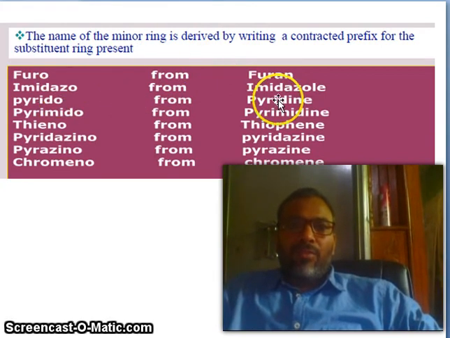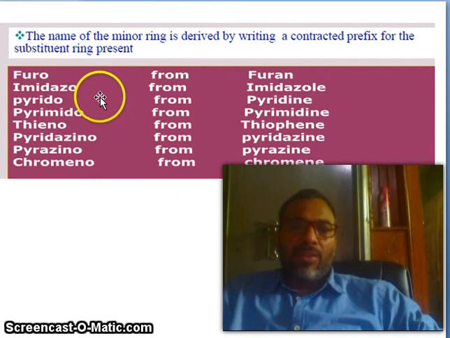Furo from furan, imidazo from imidazole, pyrido from pyridine, pyrimido from pyrimidine, thieno from thiophene, pyridazino from pyridazine, pyrazino from pyrazine, chromeno from chromene. So the ring system nomenclature becomes like that, furo, imidazo, like that.